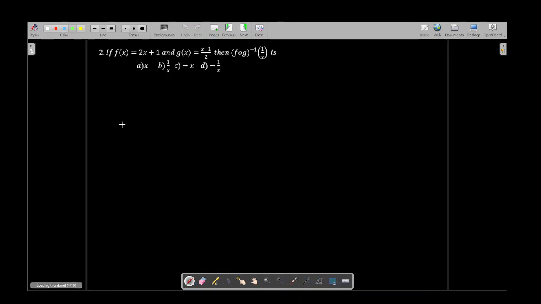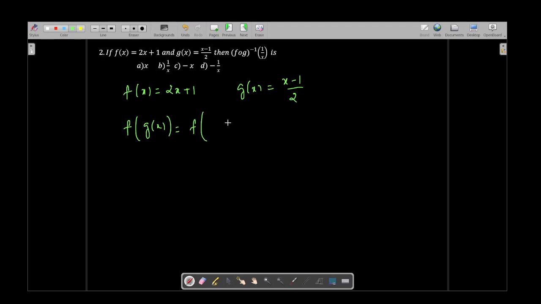Let's solve one more problem. We have f of x is 2x plus 1 and g of x is x minus 1 by 2. We need to find f of g inverse. First I'll find f of g of x, where g of x is x minus 1 by 2.